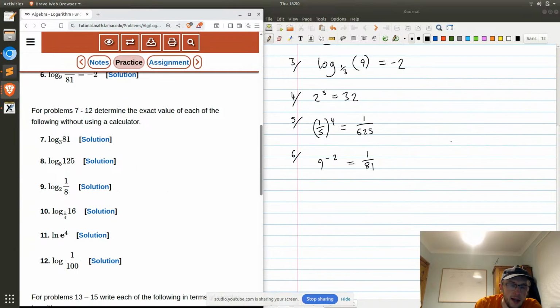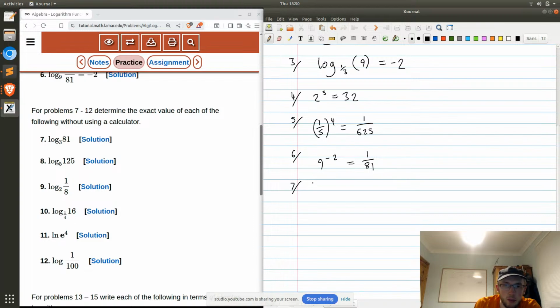Now, for these next ones, we must determine the exact values without using a calculator. Very well. Log base 3 of 81, that would be 4. Log base 5 of 125, that would be 3. Log base 2 of 1/8, that would be negative 3.